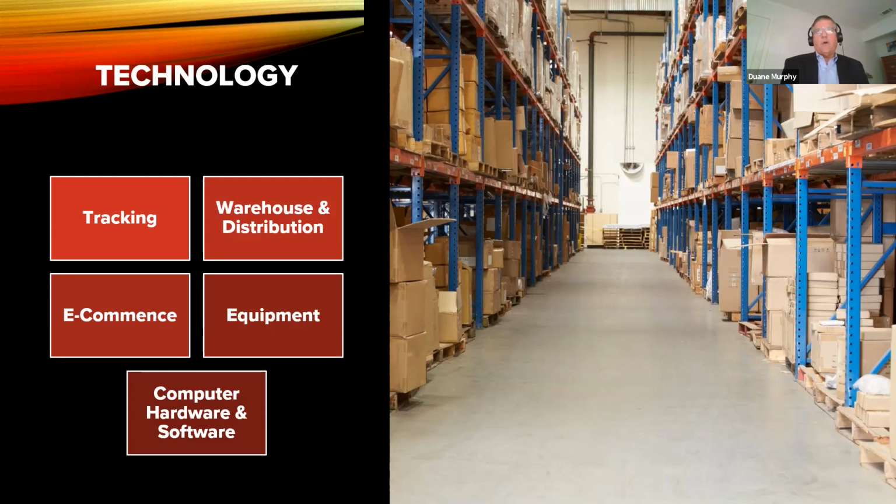And then equipment. So when we think of high technology in the global logistics industry, we really don't think of the equipment, like the airplanes and the trucks, even the trailers. We don't think of the advanced materials being used, like carbon fiber, advanced aluminum, and other elements to make our equipment more fuel efficient and last longer and be more durable.